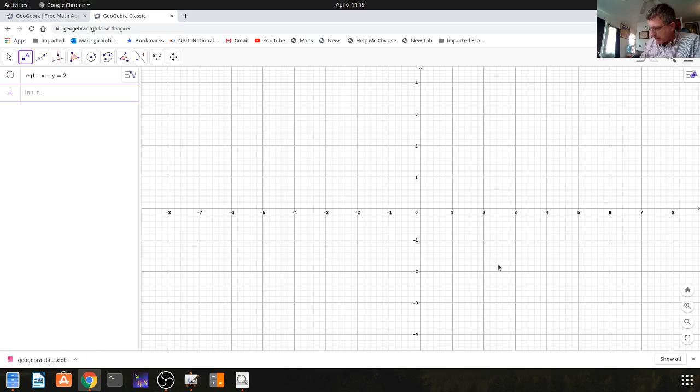So let's plot 2 and minus 3. So here's my 2 on my x-axis. So if you think about it, the 2 street runs north and south. I'm going to stay down on the 2 until I get to, what is it? Oh yeah, of course, minus 3.